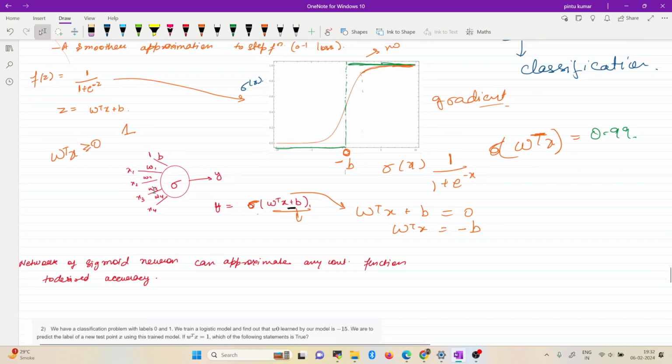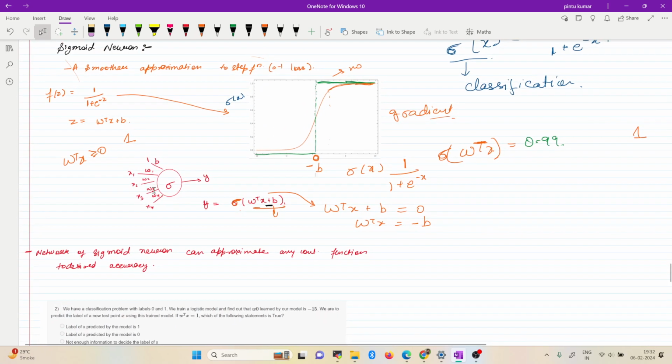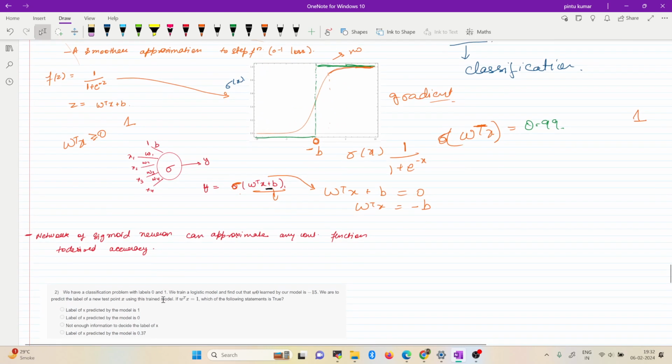Okay, so this is how a sigmoid neuron works. When we were talking about the multi-layered perceptron, we said that it can approximate any Boolean function. Now what I'm saying is, if you replace these simple perceptrons by sigmoid perceptrons, then with just one hidden layer, and if you allow a large number of neurons in that layer, you can approximate any function to desired accuracy.